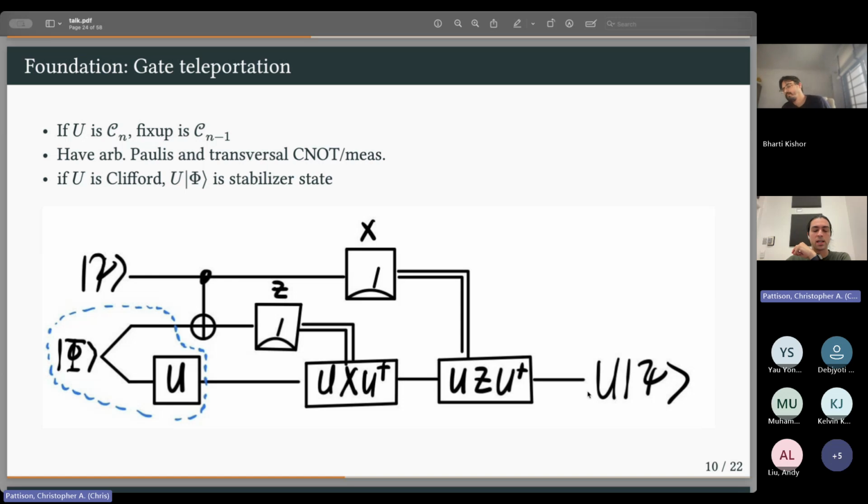All these operations I can apply on registers using my component-wise measurement and CNOT. So as long as I have this resource state, which is the stabilizer state, I only need transversal CNOT, measurement, and arbitrary Paulis in order to consume the state and apply a teleported gate.